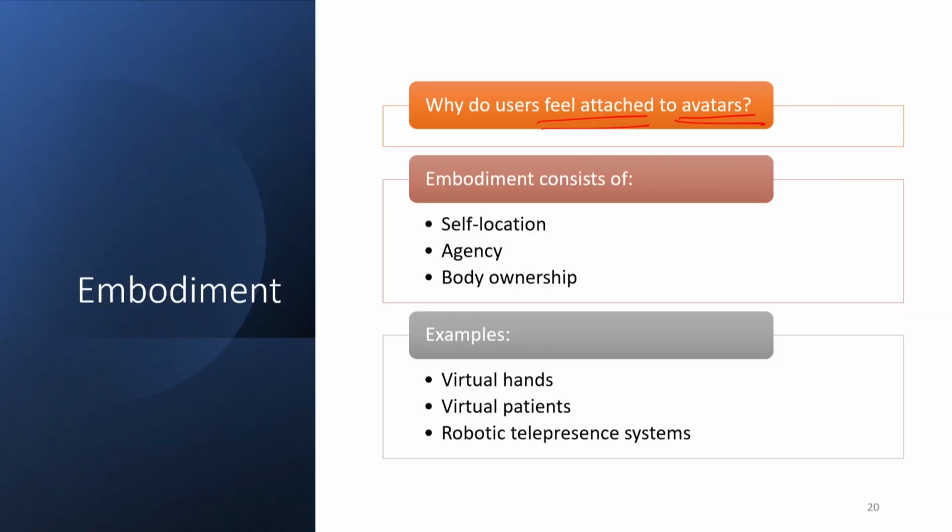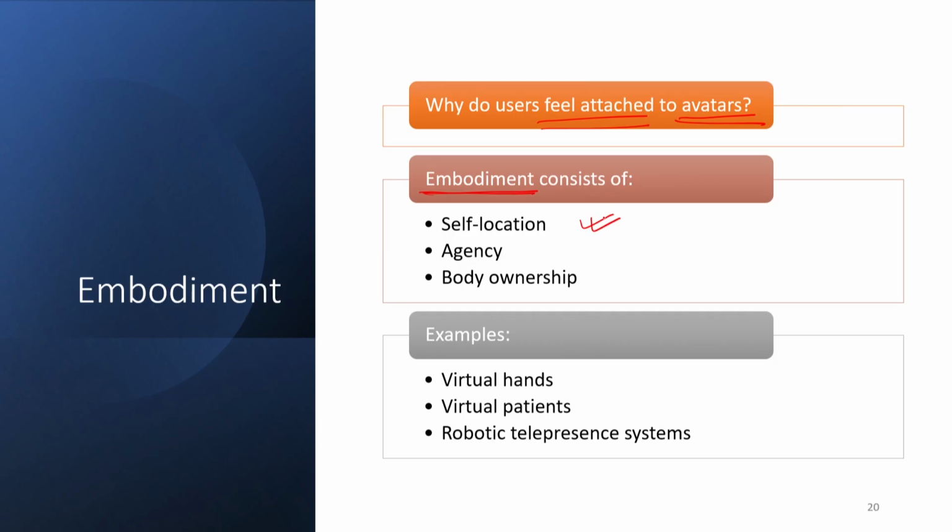Initially, they create an avatar which feels a little distant, but once that avatar starts taking actions on behalf of you, you suddenly feel connected and attached to that avatar. And that feeling of being attached to an avatar is what is known as embodiment. That is, your body is being captured by the avatar, and that avatar is embodying you, or it is actually representing you. So, embodiment consists of three things.